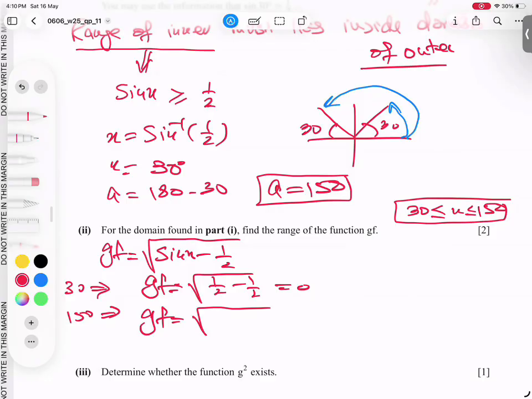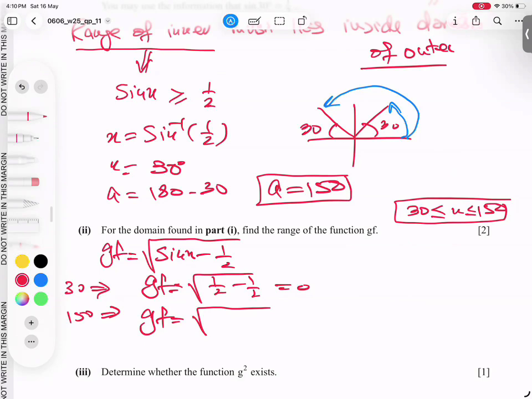But the thing is, one minute. So when I plug in 150, one minute please, let me check. Sine 30 is a half, and sine 150 is also half.